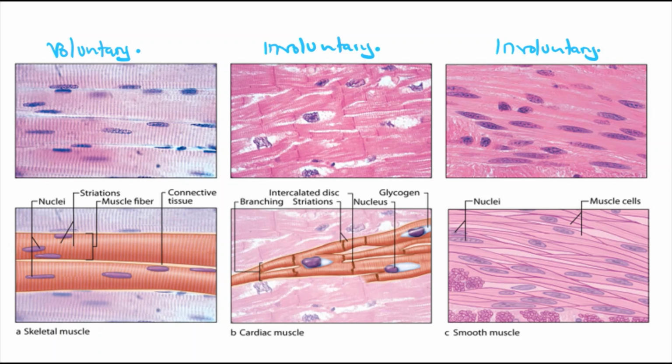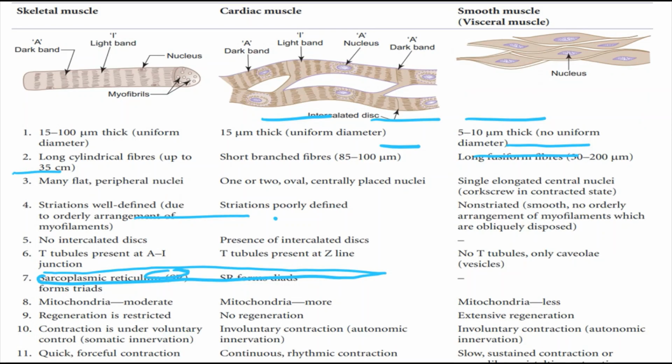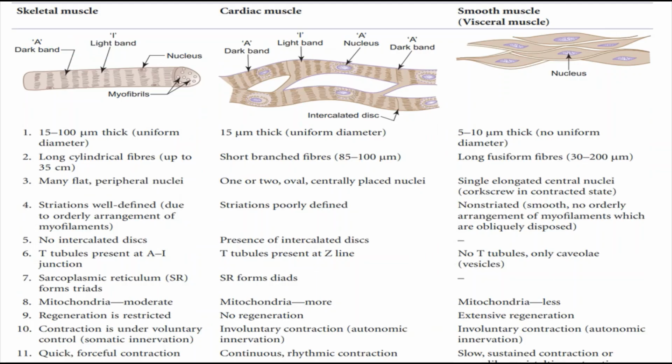It is mononucleated and it has a very high regenerative capacity because it has a lot of satellite cells. Right. So these are the characteristics of skeletal muscle, cardiac muscle, smooth muscle. And you can pause the video here and look at them very quickly and see where the differences are among these three muscles.